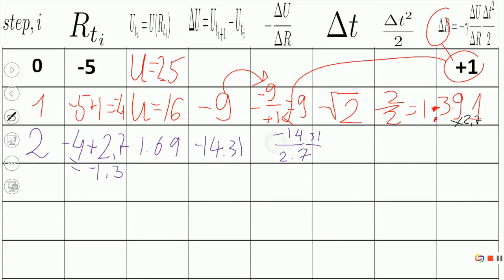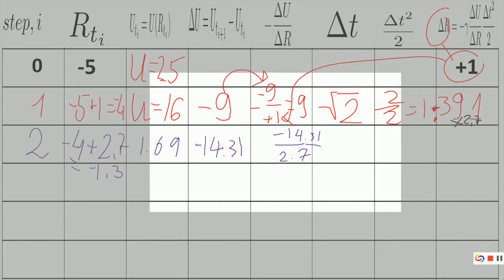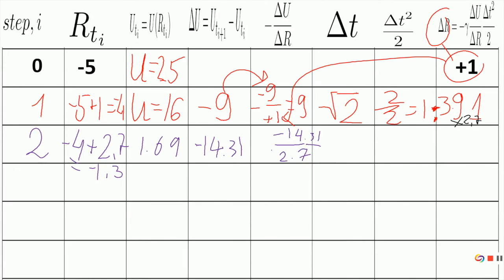I will write it this way. Minus 5.3. This is minus 5.3, right? Yes. And the sign should be plus, right? Because the minus is from here. Oh, sorry. That's okay.